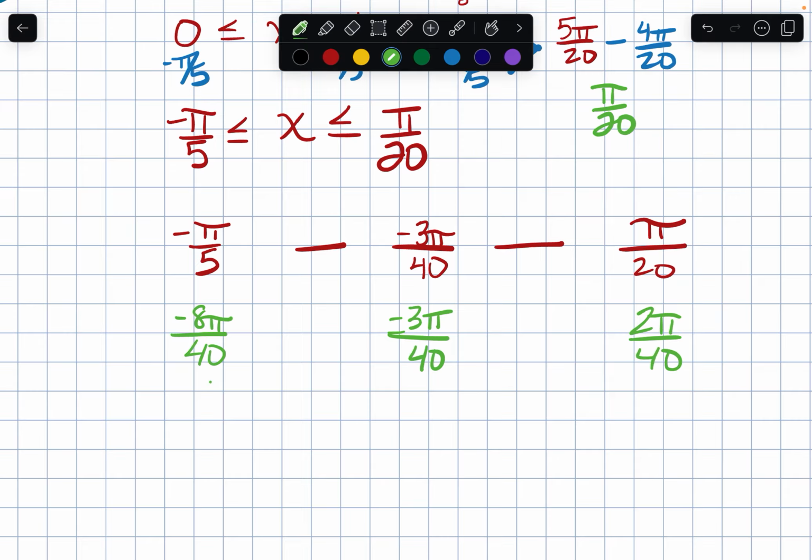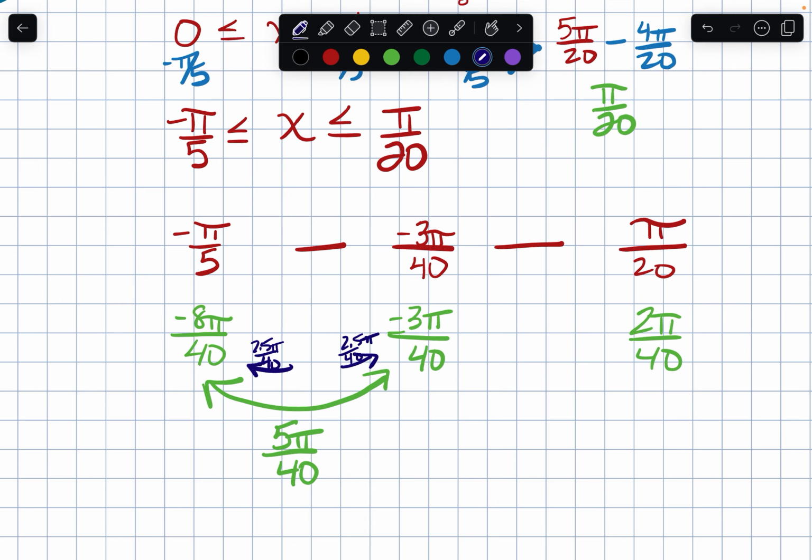So from here to here, this distance is 5 pi over 40. Half of that, to go in either direction, would be 2.5 pi over 40, because we want the halfway mark. Negative 3 pi over 40 is in the middle.